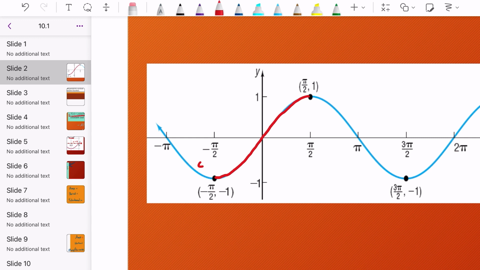This would make it odd. Now, if it went ahead and reflected over the y-axis, this would be considered an even function. So that is something that we have gone over in previous slides. Just keep in mind, in this case, it would be an odd function.